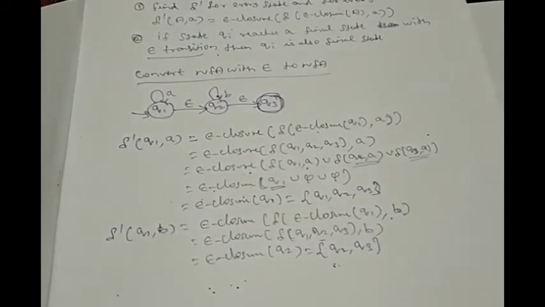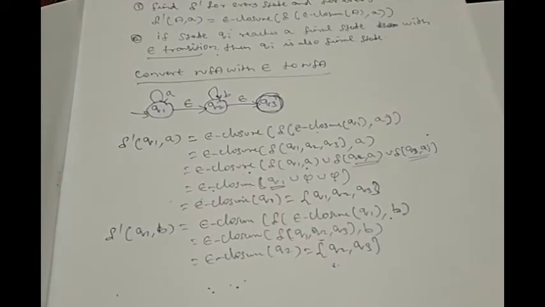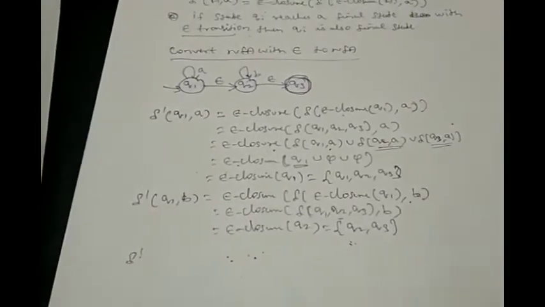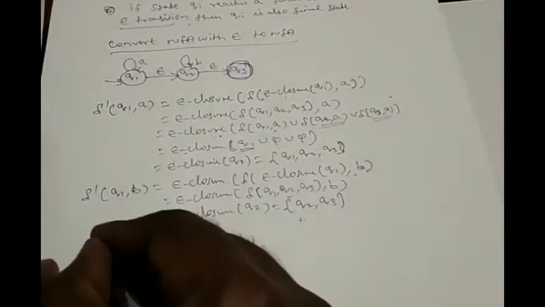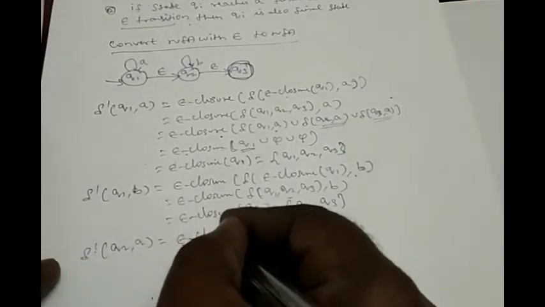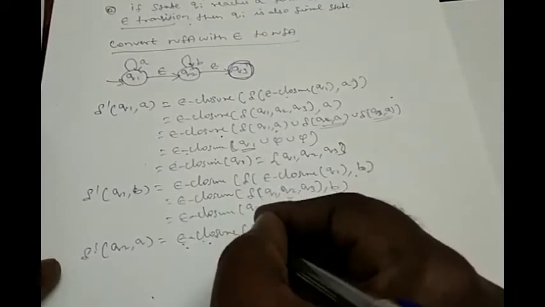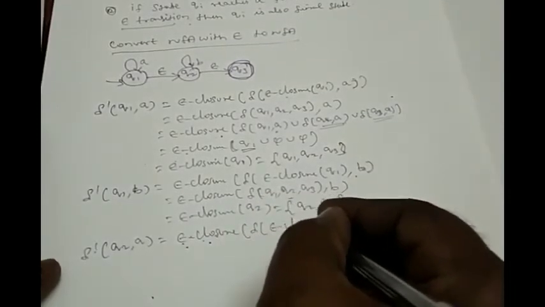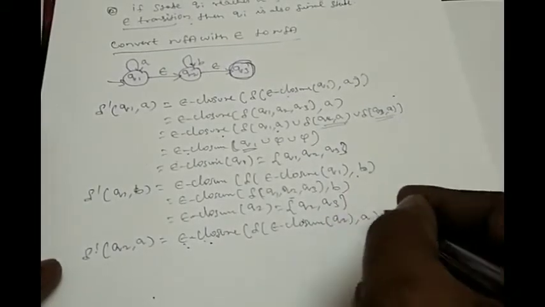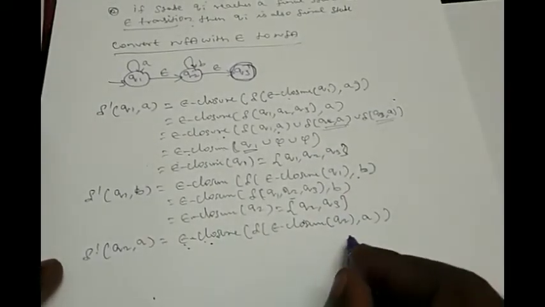So I applied A and B to the state Q1. Now you take up the Q2 state and apply both inputs, A and B. Now delta dash of Q2 comma A is equal to epsilon closure of delta of epsilon closure of Q2 comma A. So what is epsilon closure of Q2?